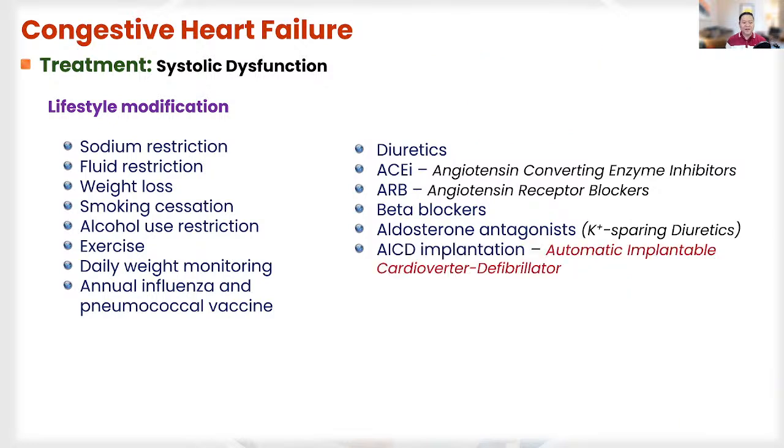We have the AICD implantation. So what is this? This is going to be that electronic device that will be implanted under the skin, just like a, what do you call this? A pacemaker. So this is what we call as the AICD, which stands for the automatic implantable cardioverter defibrillator. And so this is going to help the patient to avert any sudden cardiac death.